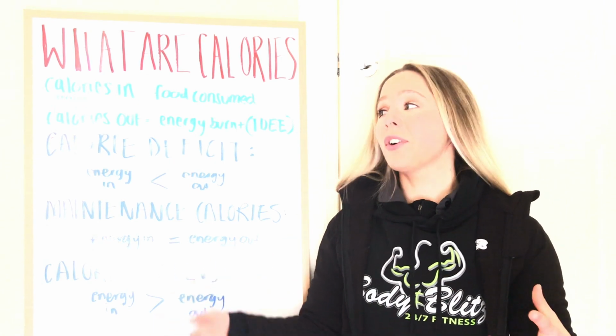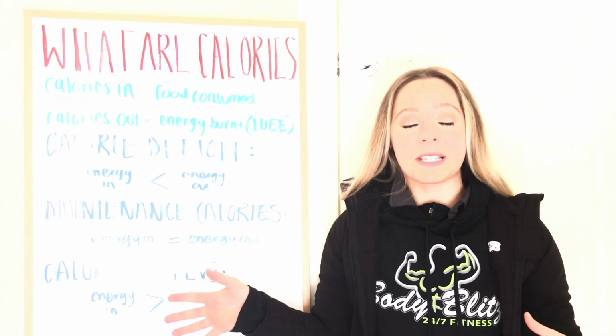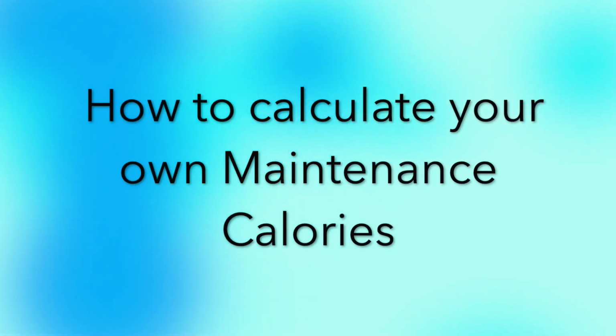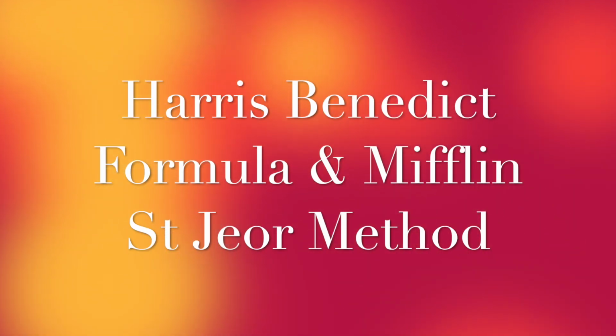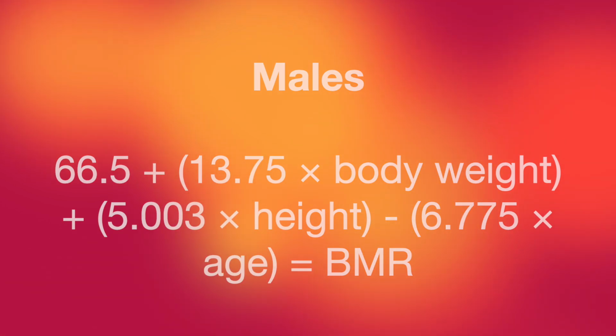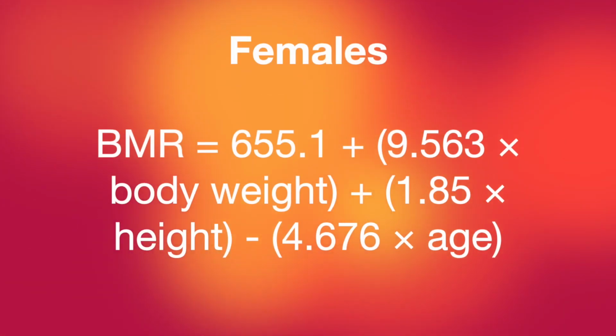So now that we've gone over those 3 important principles, how do we actually figure out what our calories are? I'm going to give you 2 formulas that you can use, the Harris-Benedict method and the Mifflin-St Jeor method. All you'll really need is your height, weight and your age, and then you fill those out accordingly.